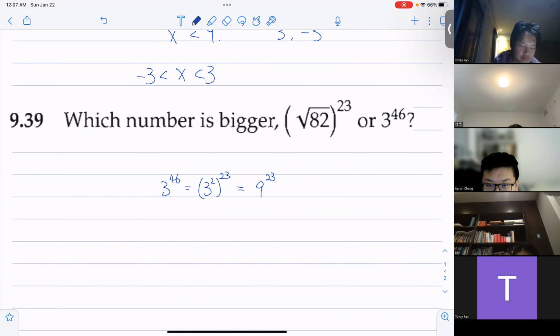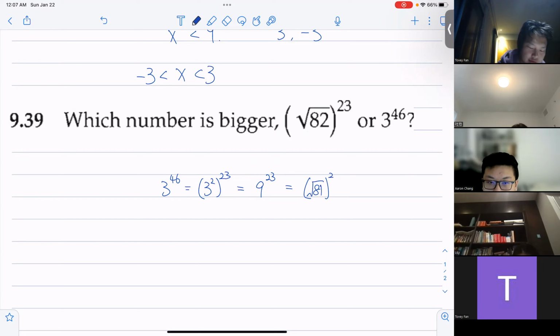And how do we compare this with the other number? Because 9 to the power of 23 would be the square root of 81 to the power of 23, and therefore the square root of 82 to the power of 23 is greater than 3 to the power of 46. Very nice.